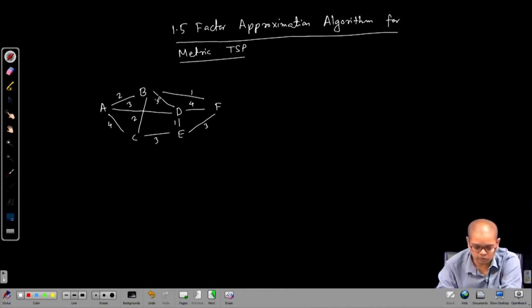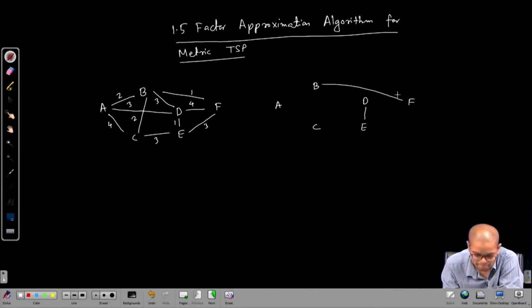So, now let us compute the minimum spanning tree and let us use Kruskal's algorithm. So, D is the shortest weight edge, and B F is also another shortest weight edge.